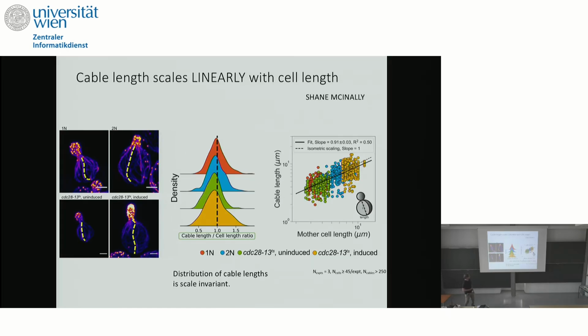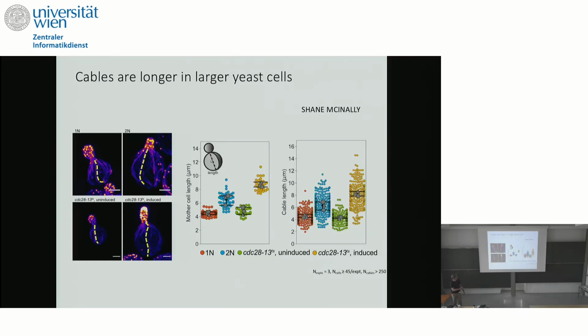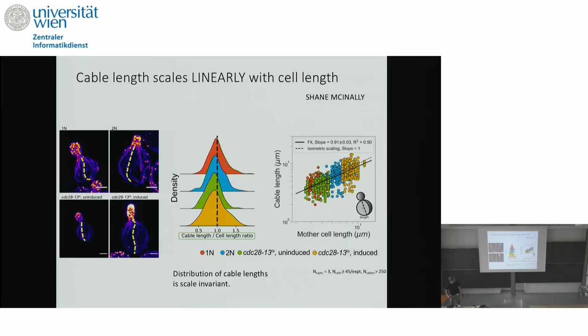One of the first things we did is we said, well, let's look at the probability distribution of lengths, based on all this data. Each data point here is the individual cable that we've measured. And what I'm plotting here is the distribution of lengths, but scaled by the cell length.